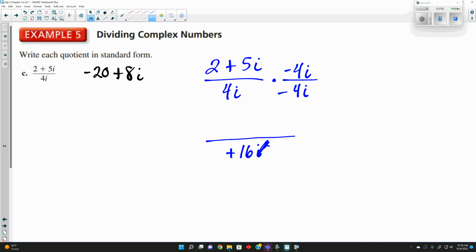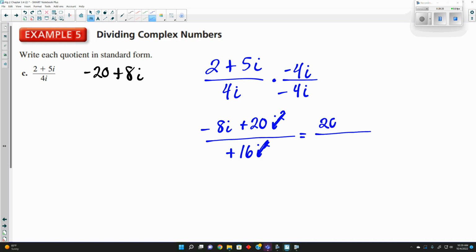The numerator, negative 4i times 2 is negative 8i. Negative 4i times 5 is going to be plus 20i squared. Well, the i squared is going to turn the 20 from negative to positive, because it should have been negative 20 to begin with. Because negative 4i times 5 is going to be negative 20.